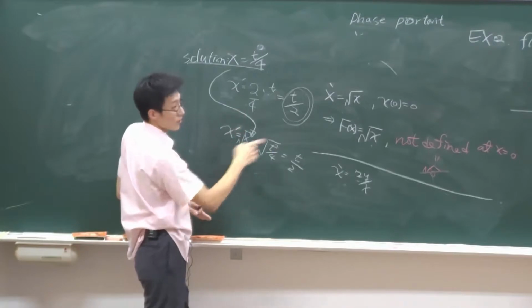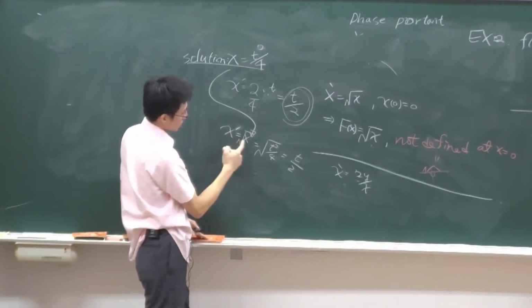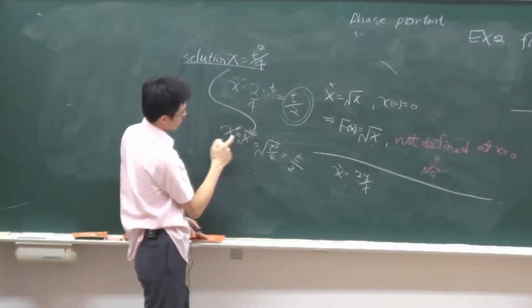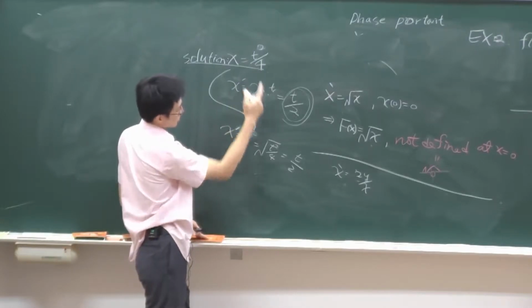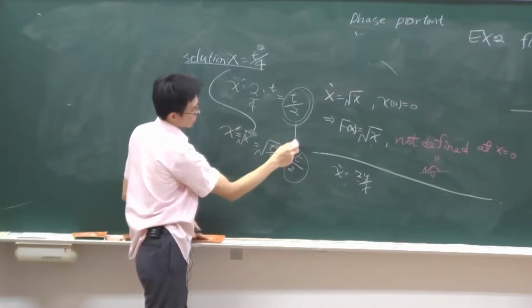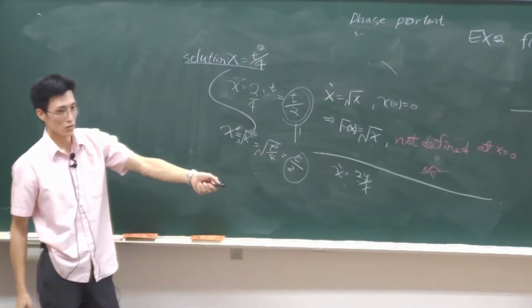And this is from the dynamics. The dynamics says x prime equals square root of x, and given the solution, these two are equal. So solution 1 is true.